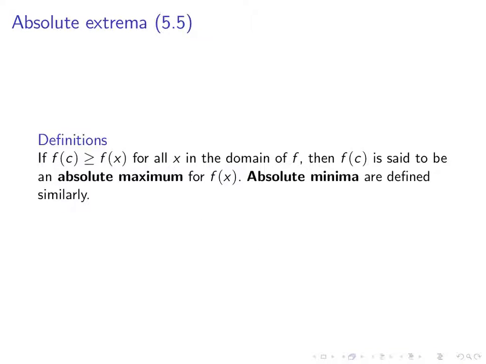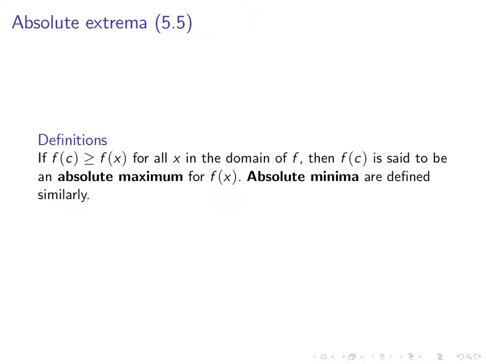Let's start 5.5 on absolute extrema, starting with the definition. If f of c is greater than f of x for all x in the domain of f, then f of c is said to be an absolute maximum or absolute max for f of x. Absolute minima are defined similarly.